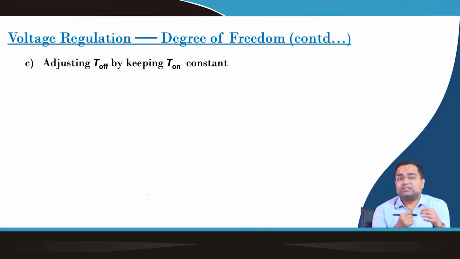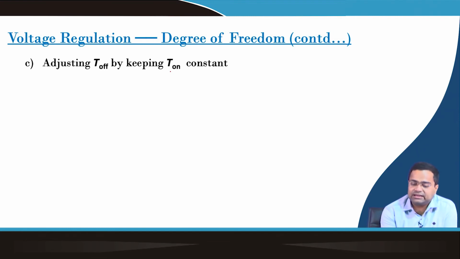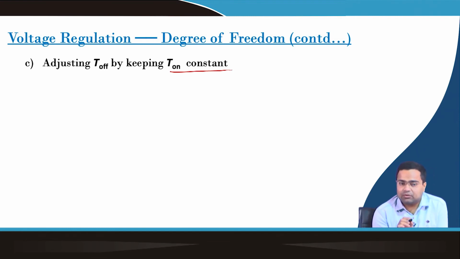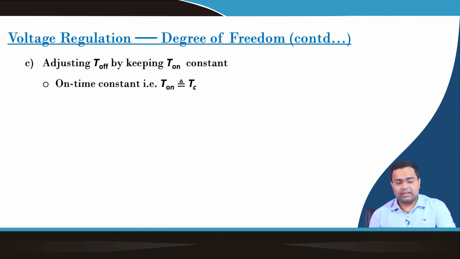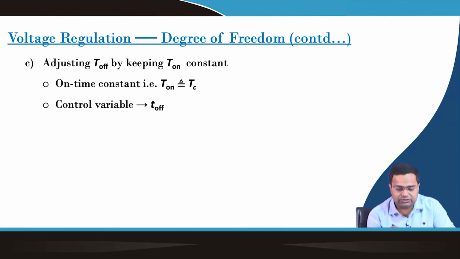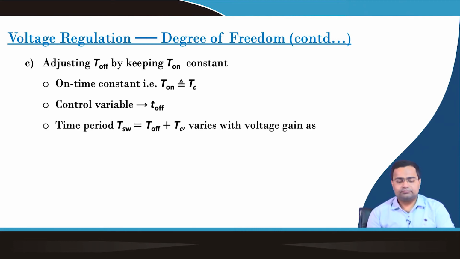The third possibility is that we can keep the on time constant. Earlier we kept the off time constant and varied on time. Now we are adjusting off time, but T on is kept constant. The control variable is the instantaneous off time, and again in this case the time period will vary.